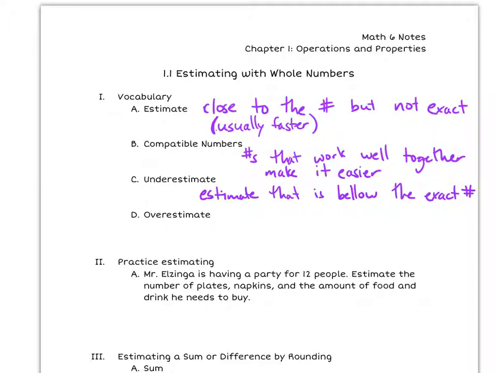So if you underestimate, your number is going to come in below. If you overestimate, what do you think that one's going to be then? Over the estimate. Yeah. It's an estimate that is above the exact number.